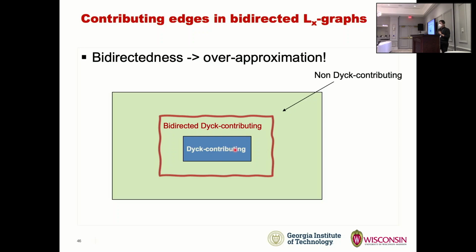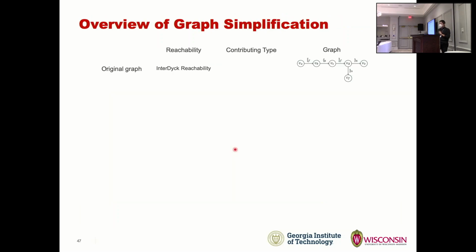Okay, so putting together everything, let's try to wrap up. The original problem that we want to solve is to improve the inter-Dyck-reachability solving by computing the non-inter-Dyck contributing edges. We have two levels of relaxation. First, we relax it to a Dyck-reachability problem on the LX graph.